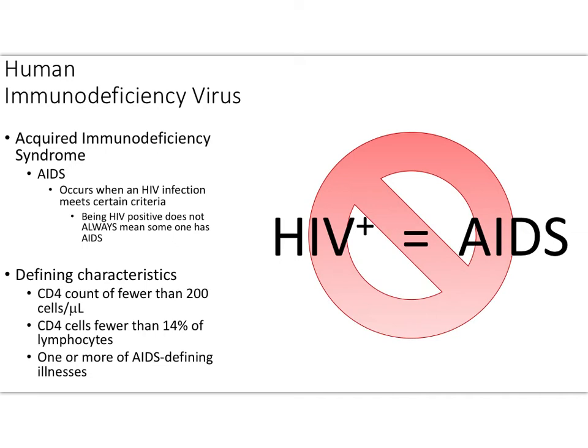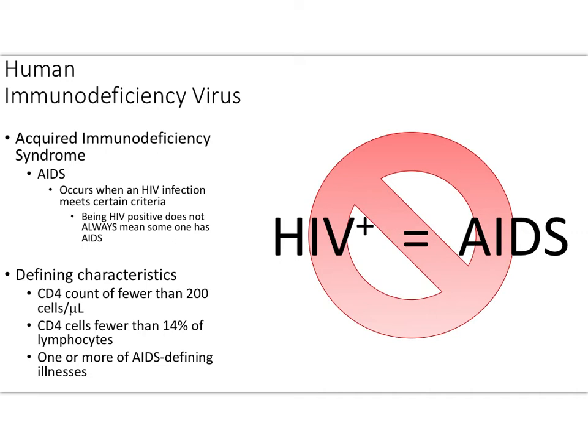Those are all considered AIDS-defining illnesses because it means that the HIV infection has progressed to the point that the person is so immunosuppressed that they are starting to get diseases that they normally would not because their body can't fight them off anymore.